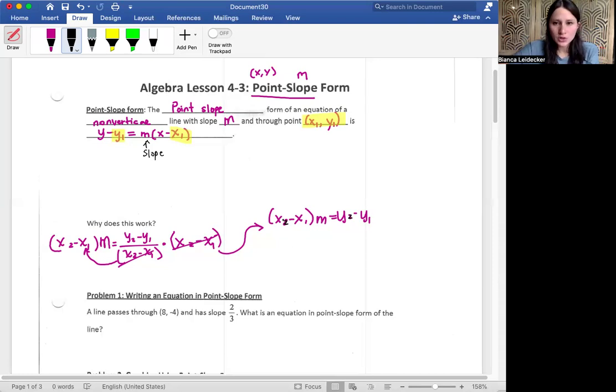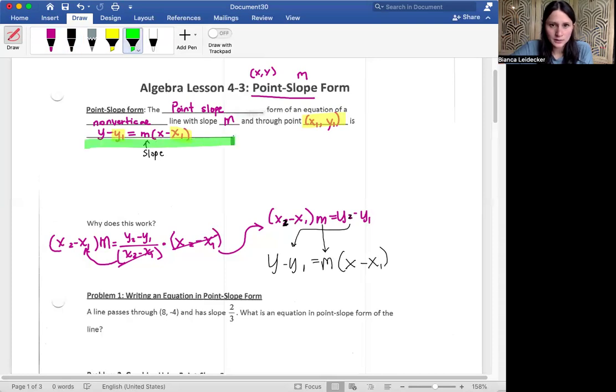And we're dropping these 2's on your second point to make it a more general equation. So if we drop the 2's and then flip it around, we get y minus y1 equals, and I'm going to put the m in front, m times x minus x1. This actually is the exact same equation as we wrote above right here.